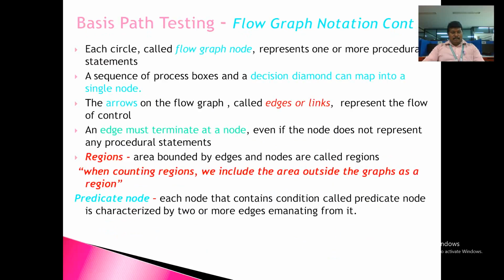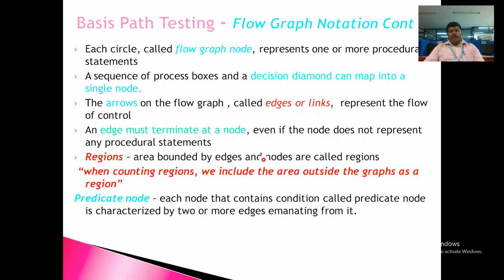Each circle, called a flow graph node, represents one or more procedural statements. A sequence of process boxes and a decision diamond can be mapped into a single node. The arrows in the flow graph, called edges or links, represent the flow of control. An edge must terminate at a node even if the node does not represent any procedural statements.